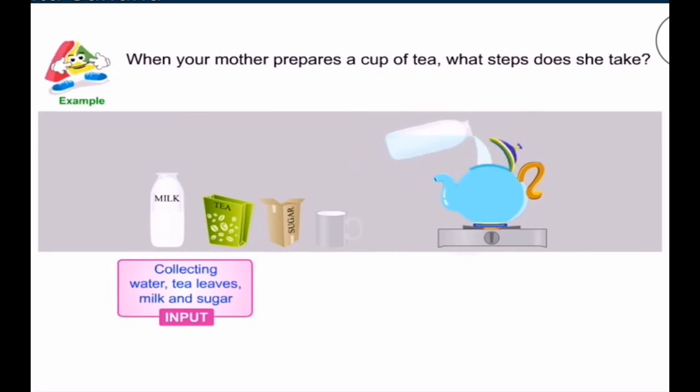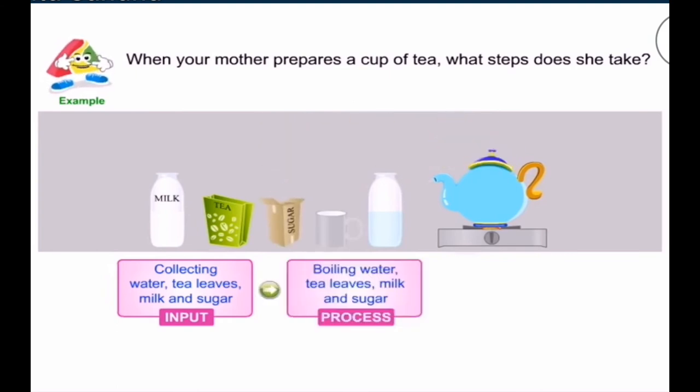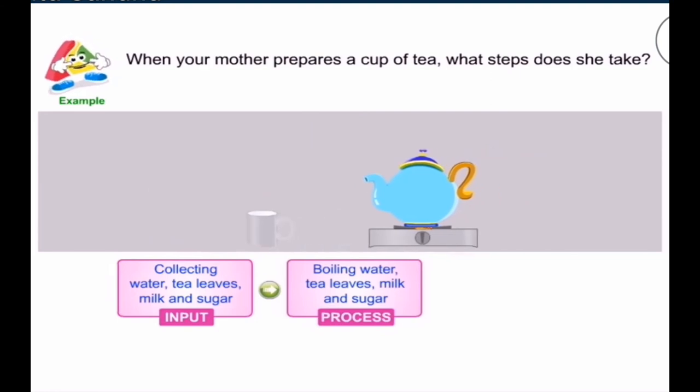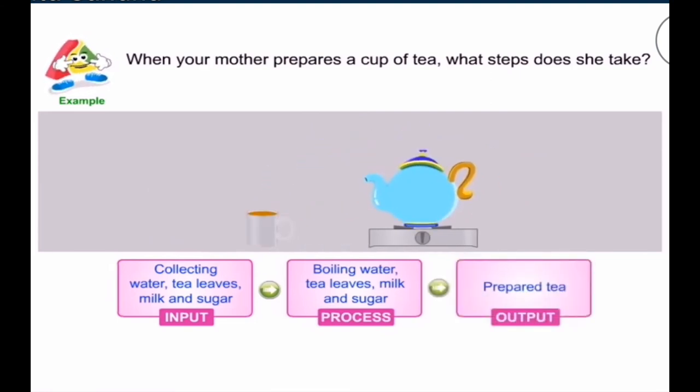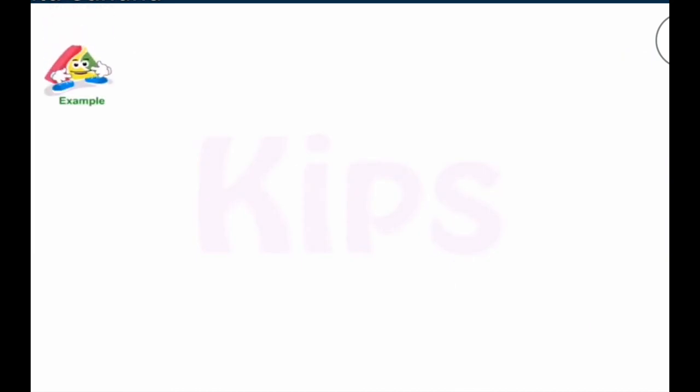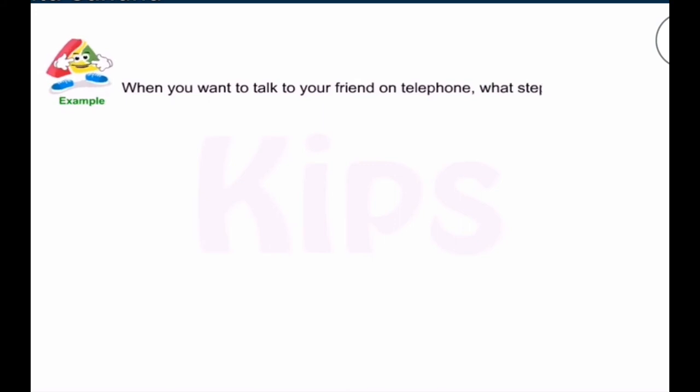First she collects water, tea leaves, milk and sugar. Yes, these are input. She puts everything into a boiling kettle, and once it's boiled and prepared, it is poured into the cup. Now let's take one more example.